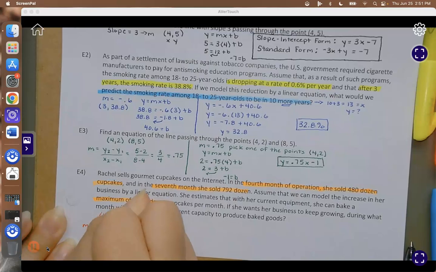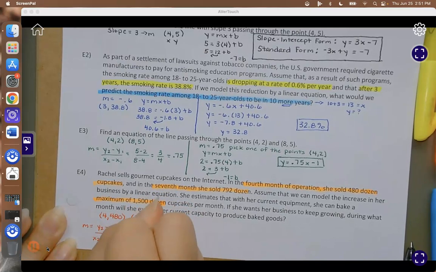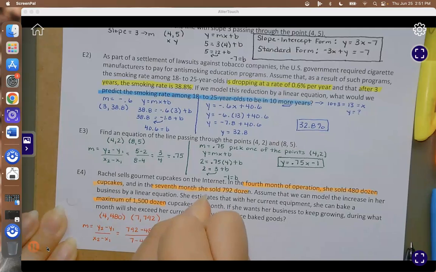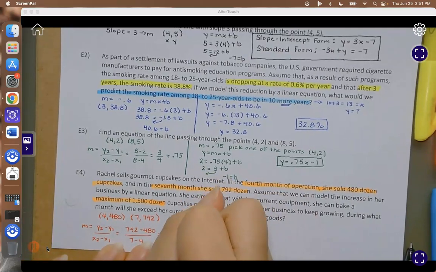Okay, so we do 792 minus 480 over 7 minus 4. And that's 312 divided by 3, which is 104. So that's our slope.